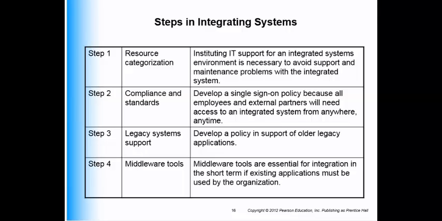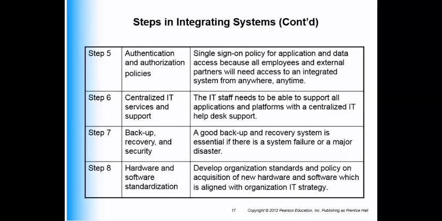Now, connecting different software together requires the middleware tools, as we said. These will help create the interfaces that will facilitate communication between the different systems. Now we have to determine who has access to what.